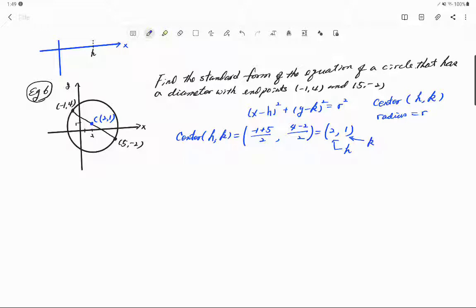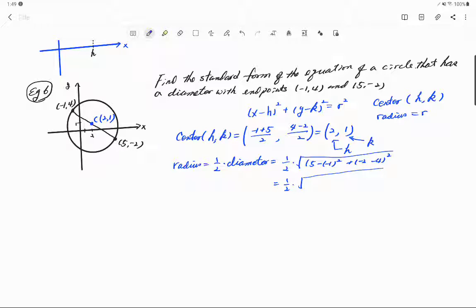And let's find the radius. The radius is half the diameter, right? The diameter is the distance between the two points. So the distance is the square root of (x2 minus x1) squared plus (y2 minus y1) squared.